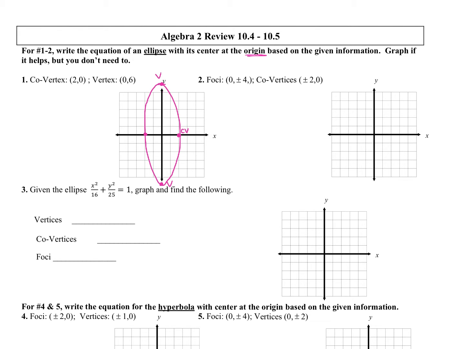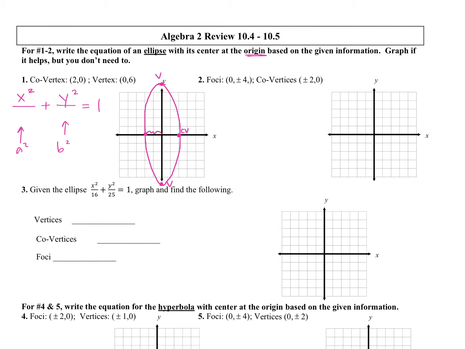We know with an ellipse, our equation is always going to be x squared over something plus y squared over something equals 1. So we have to figure out, this is our a squared, right? And this one is our b squared. So a is going to be the distance to our co-vertices here because it's the shorter.